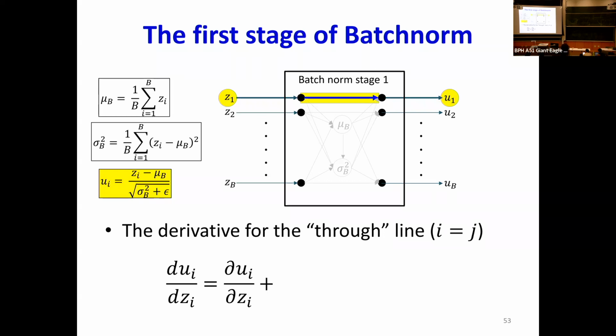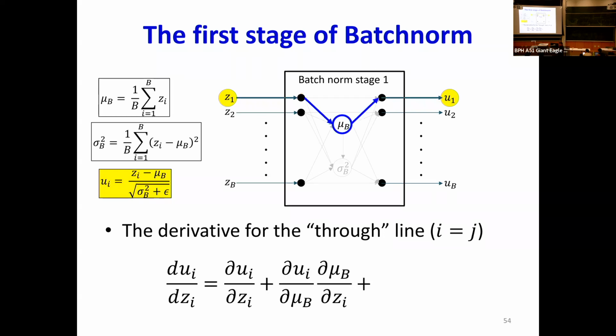But then here's the second thing. If I perturb a z, it influences the mean. The perturbation of the mean then influences the u. So I'm going to need a du over dz times du over d mean times d mean over dz. Correct?